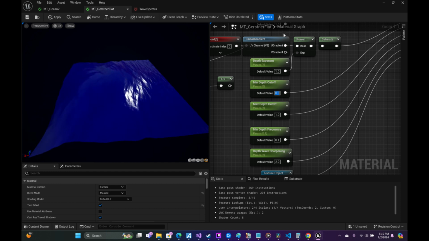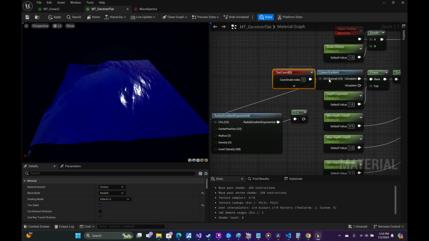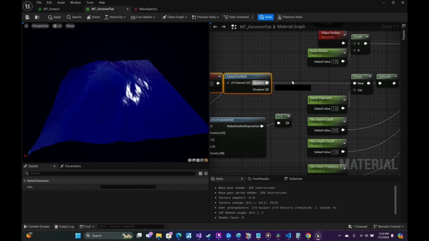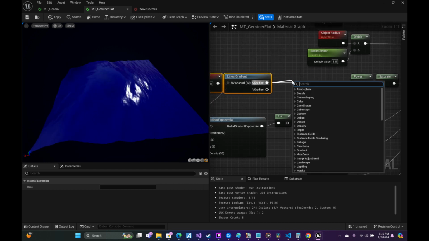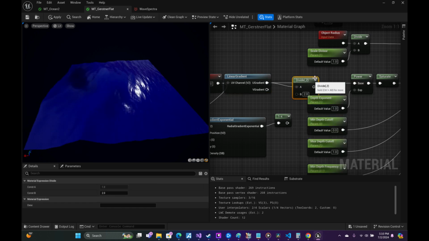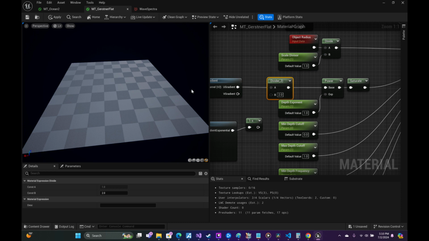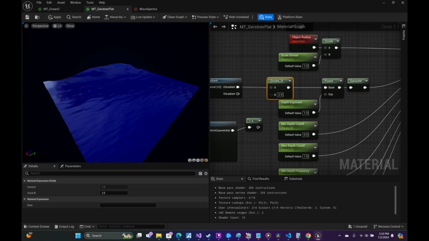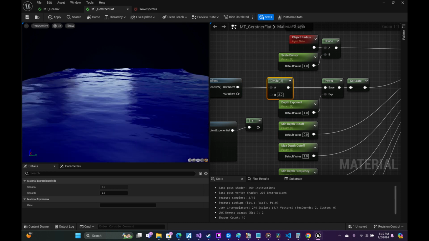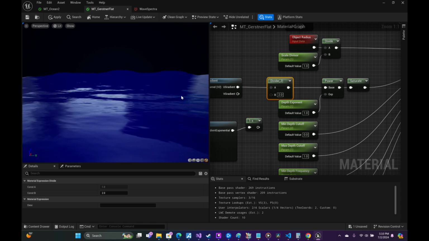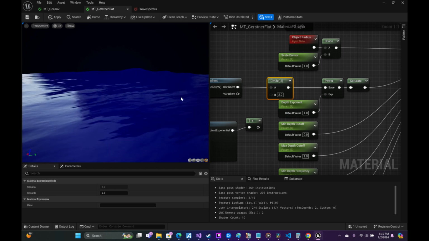So let's say we took this gradient, and we divided it by 2. No, that's not good. Then we've basically extended our shoreline. And this is kind of like your appearance at the ocean front, right?